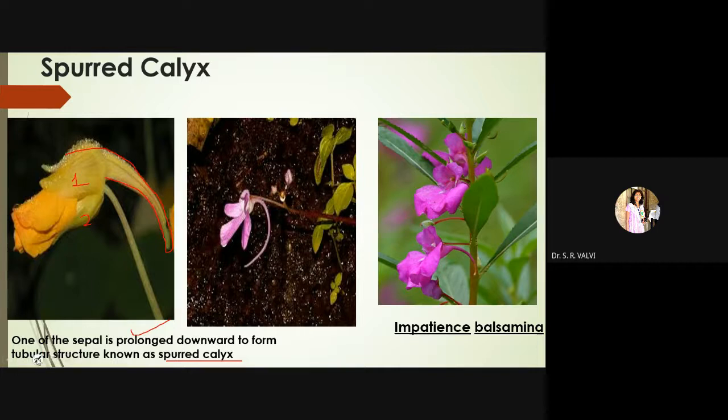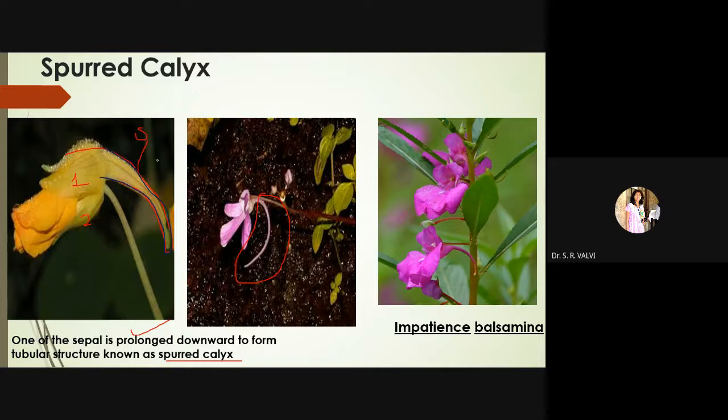Let me change the color so that you will get it. This tubular structure is called the spur. Spur is nothing but the extension of one of the sepals in a downward direction to form a tube-like structure.